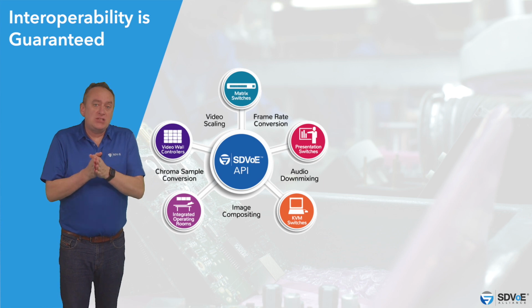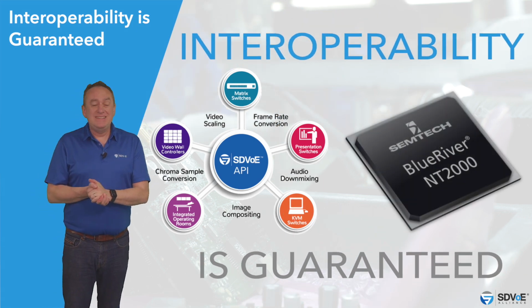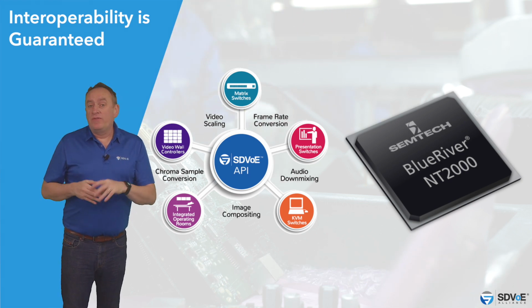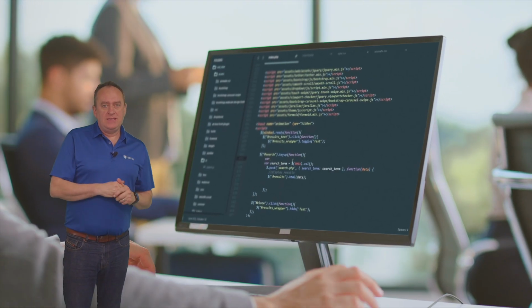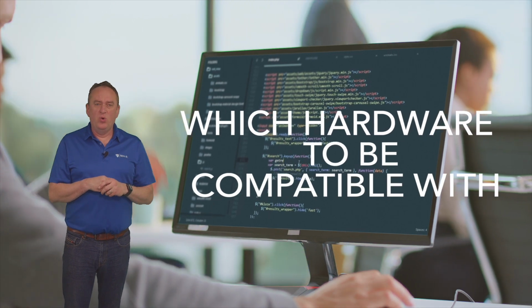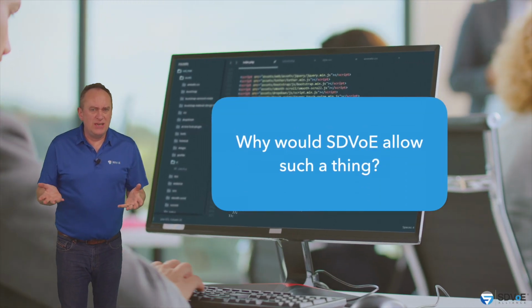And because the SDVoE API is created to serve those BlueRiver endpoints, interoperability is guaranteed at this layer as well. But with all of that taken care of, it now comes down to the software creator, who may choose which hardware to be compatible with or not. Why would SDVoE allow such a thing? Well, the answer is actually a bit obvious if you just pause and think about it for a moment.